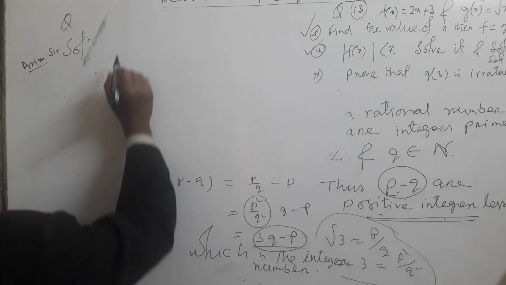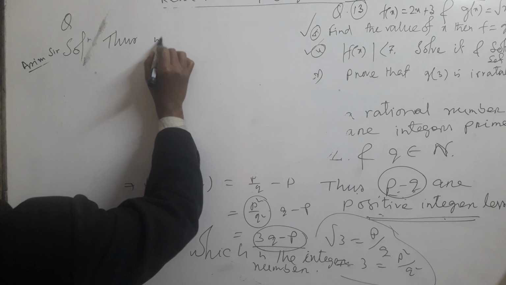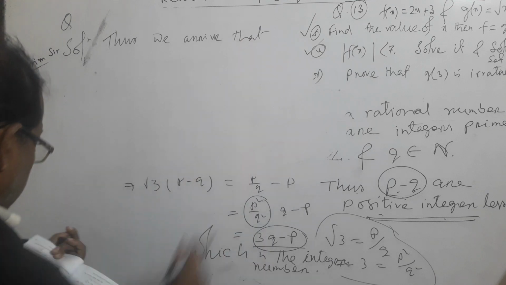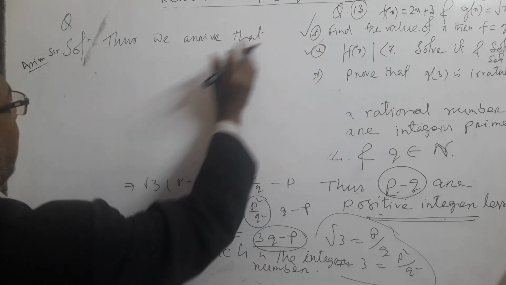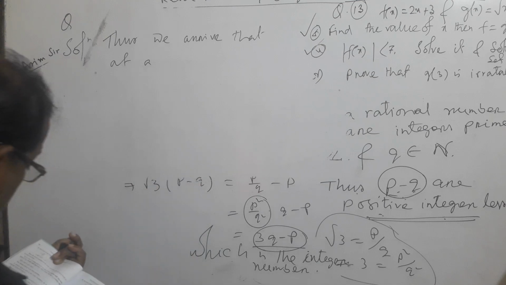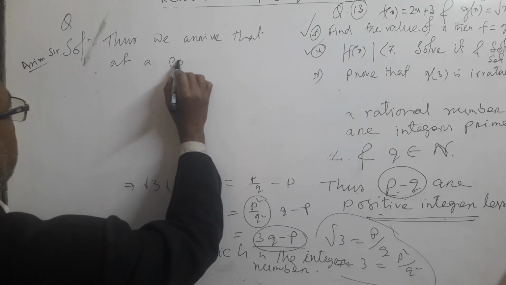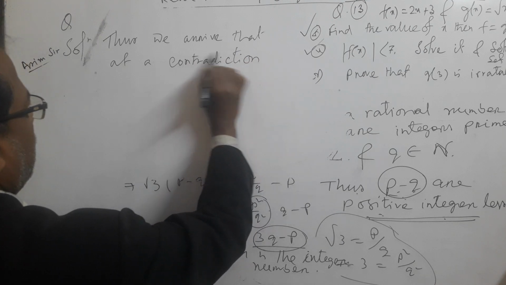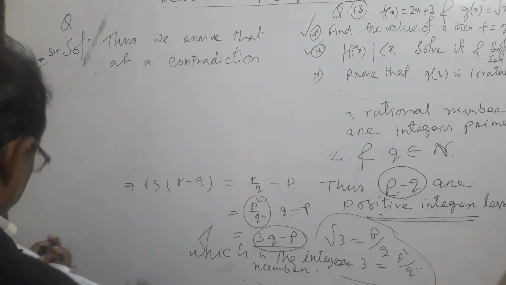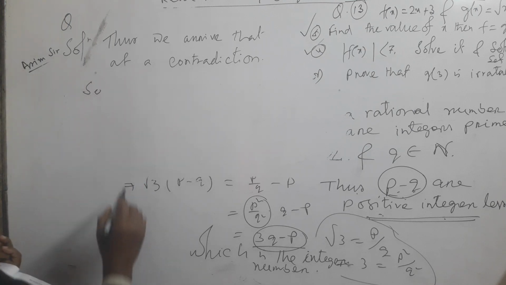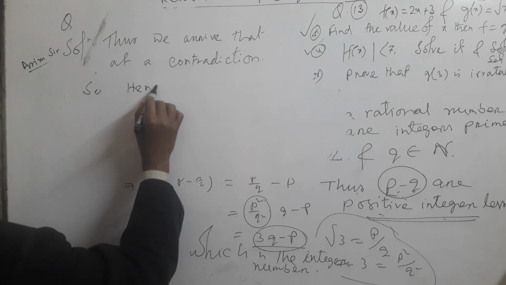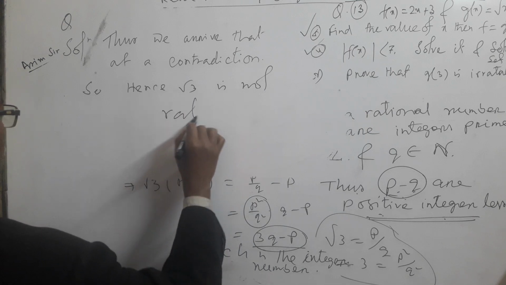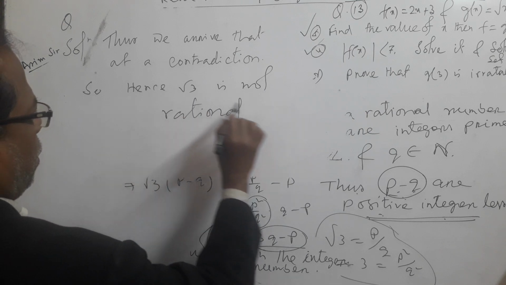So thus we arrive at a contradiction. So hence root 3 is not a rational number.